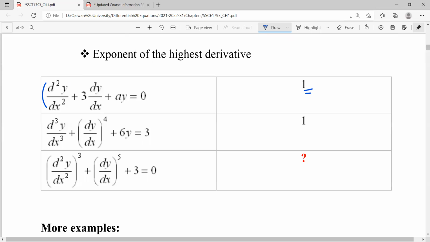The second one, we have d cubed y by dx cubed plus dy by dx to the power 4 plus 6y equals 3. In this differential equation, the order is 3, as the highest derivative is 3. What's the exponent of this derivative? It's 1. So its degree is 1.